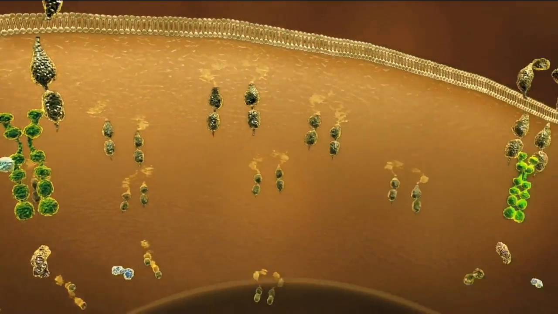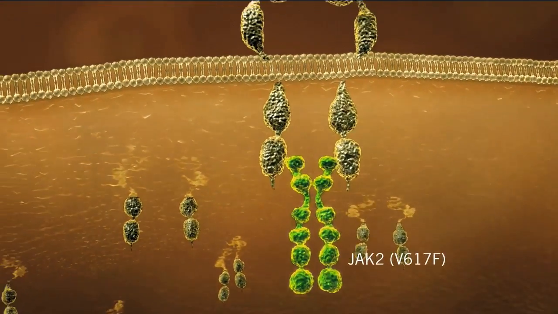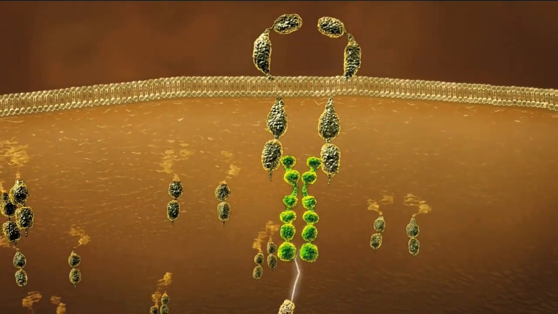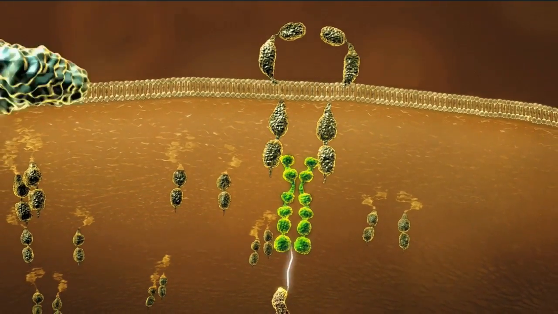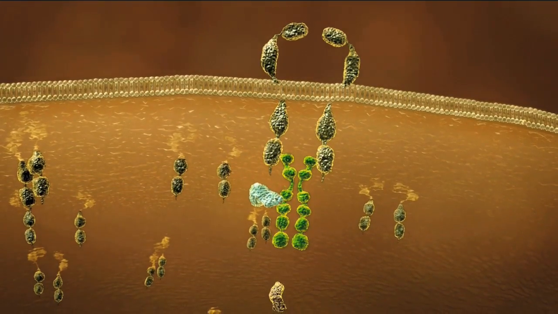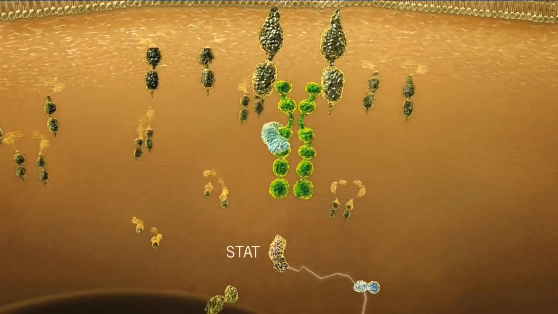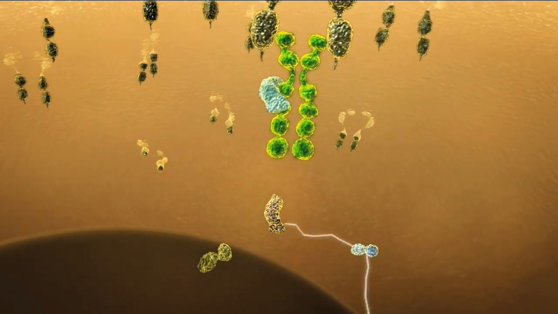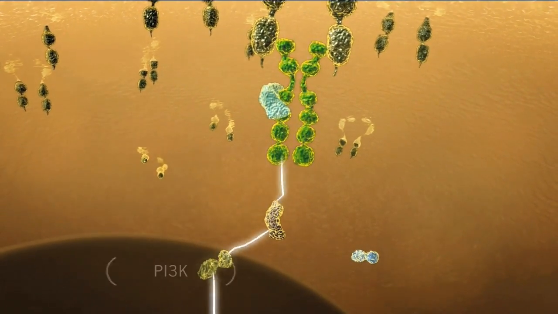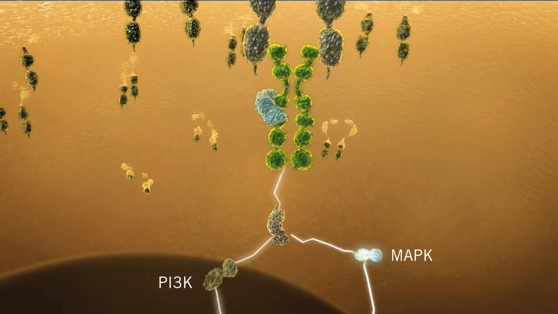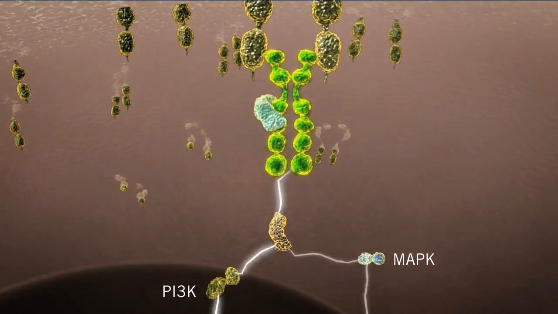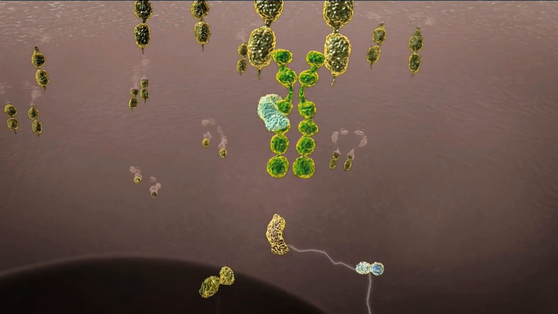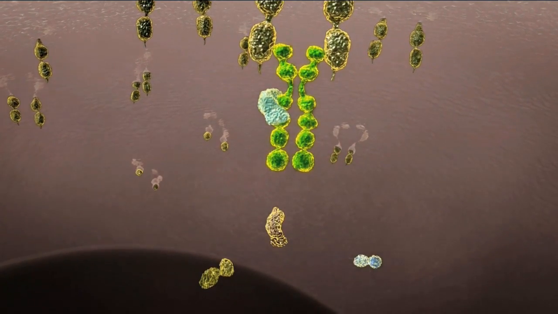A base pair substitution on codon 617 of the JAK2 gene leads to a somatic mutation that encodes a cytoplasmic tyrosine kinase that escapes regulation by SOCS, initiating STAT, which phosphorylates intracellular substrates and activates cell proliferation pathways such as PI3K and MAPK. This gain-of-function mutation is prevalent in myeloproliferative disorders such as polycythemia vera and essential thrombocythemia.